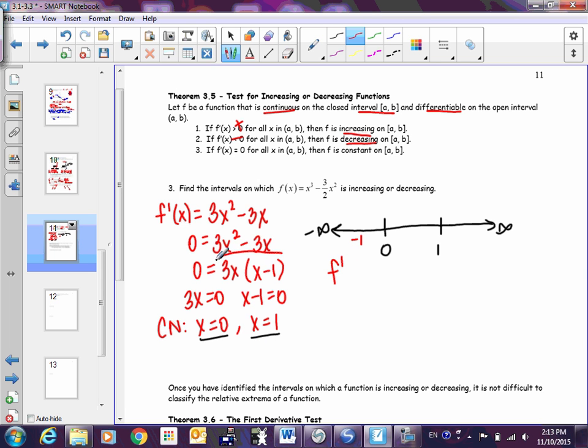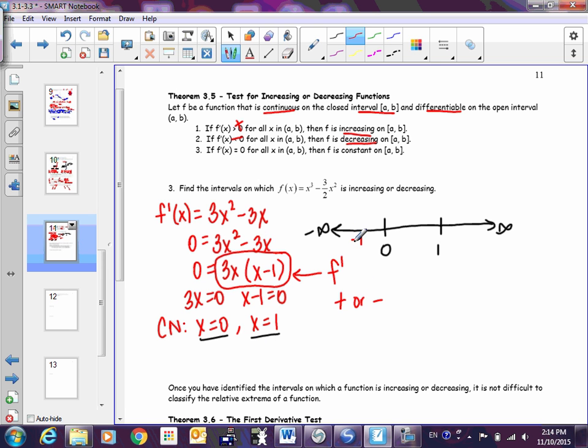My strong suggestion would be to plug it into the factored form of the derivative. I don't really care what f prime of -1 equals exactly, but I want to know, is f prime positive or negative? That's what I want to figure out right here.